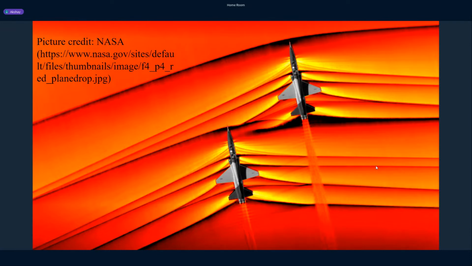So can any of you recognize the technique used over here? Just to see whether you guys are aware of flow visualization. You can guess actually. What you can do is you can type in the chat box.